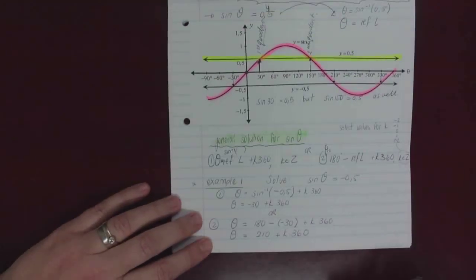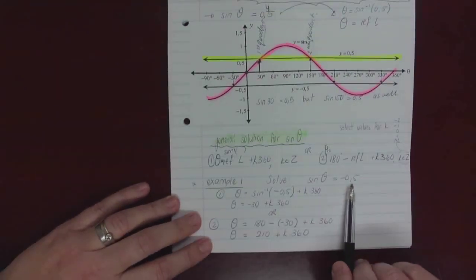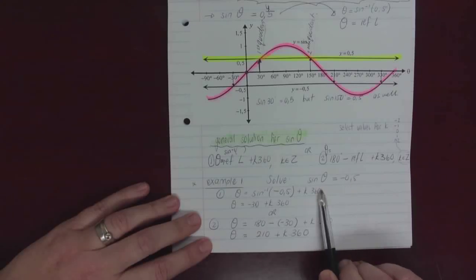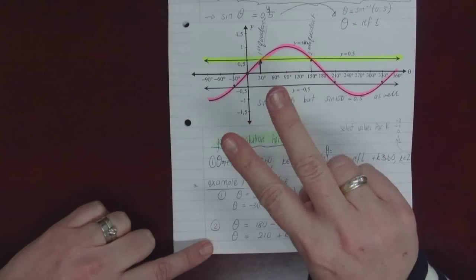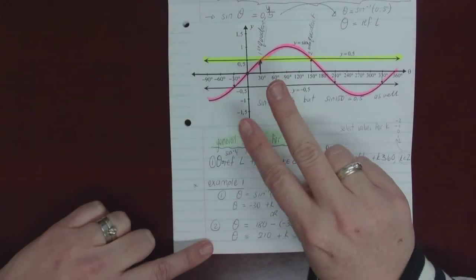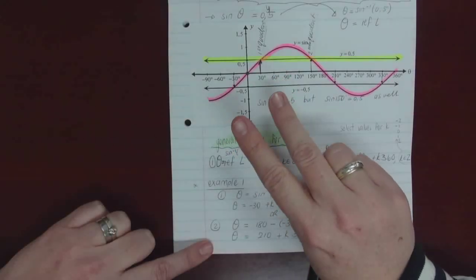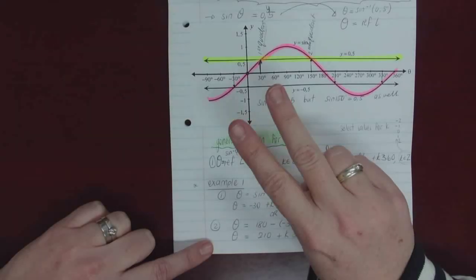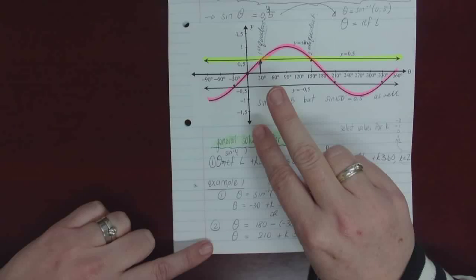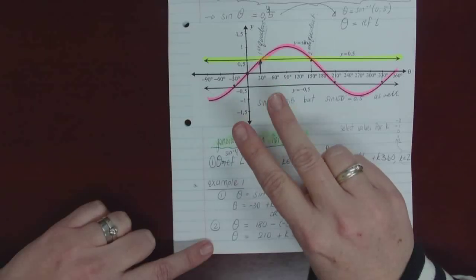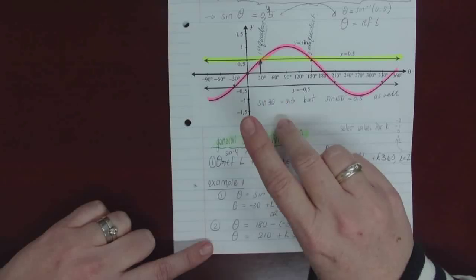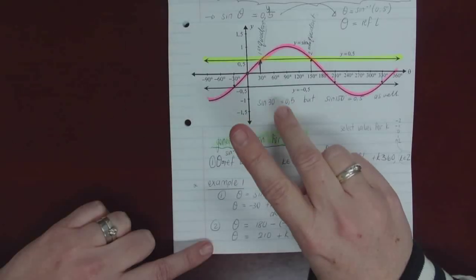And if I say to you solve sine theta is equal to minus 0,5, I know sine theta will have two possible answers. One in the first quadrant, one in the second quadrant. The first quadrant, I will use the sine to the -1, and whatever y value is given, I will get an acute angle. The second one, I will take 180 minus that acute angle.